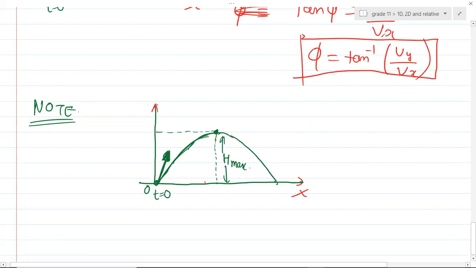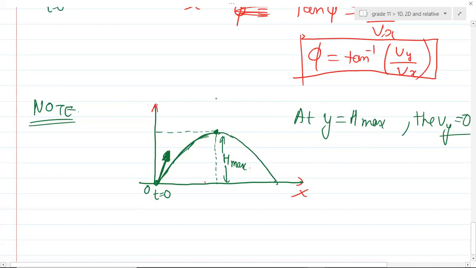So can I say at the maximum height, when the y coordinate is equal to the maximum height, then the velocity का y component is 0? Yes or no?